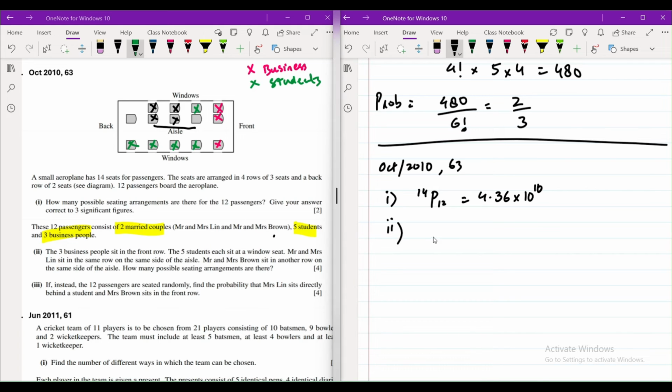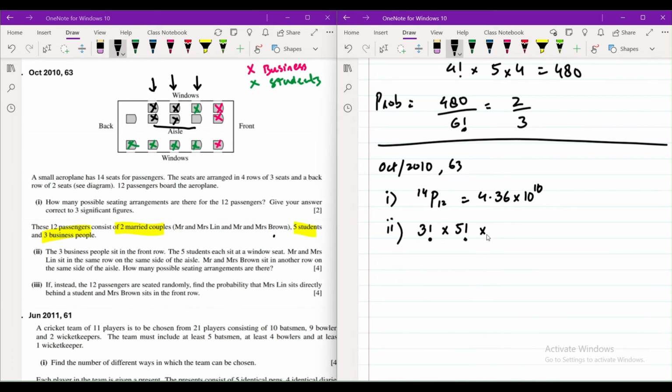For the business people, it's easy, 3 factorial. We just have 3 seats, right? Now, 5 students will occupy 5 seats. So 5p5, or just simply 5 factorial, right? And then we have three possible places where we can seat those married couples.